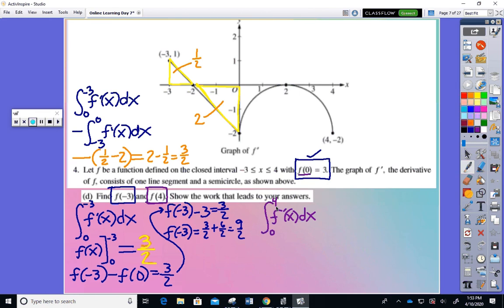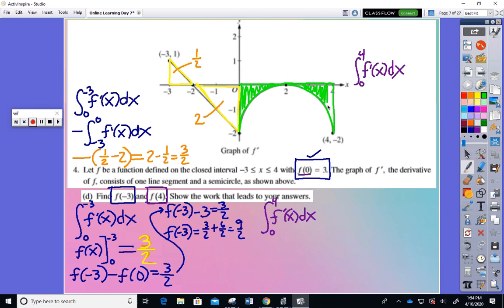So if I look at the integral from 0 to 4 of f prime of x dx, then I would be looking at from 0 to 2, so that would be this area, and then from 2 to 4, and that would be this area.